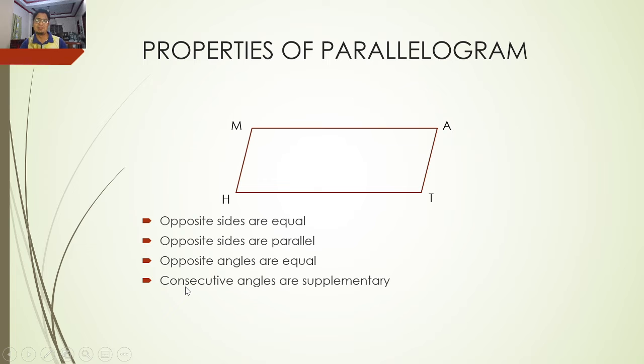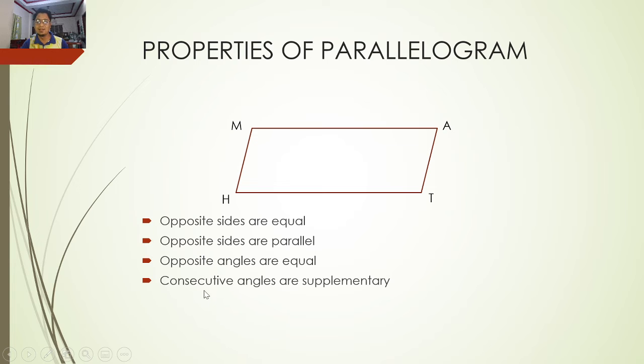Ito yung consecutive. So, halimbawa, yung M natin, ano yung kasunod niya? It's either A or H. Hindi niya kasunod yung T. Kasi wala naman tayong line dito para makabuo ng parallelogram.